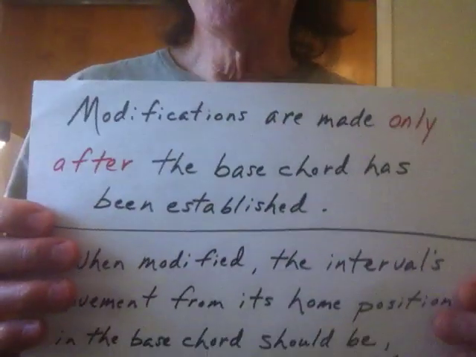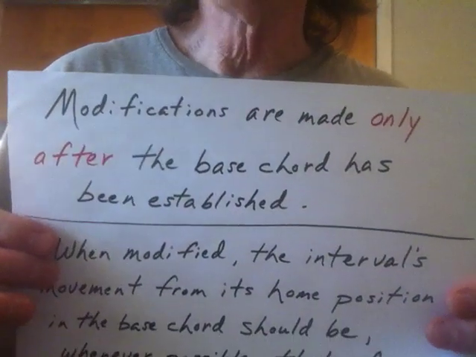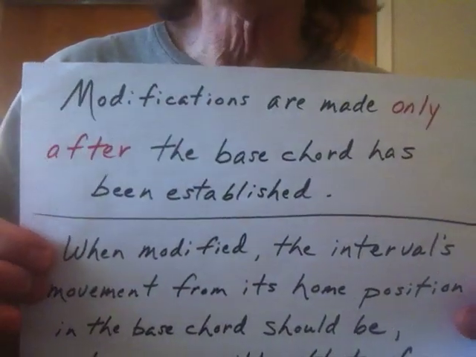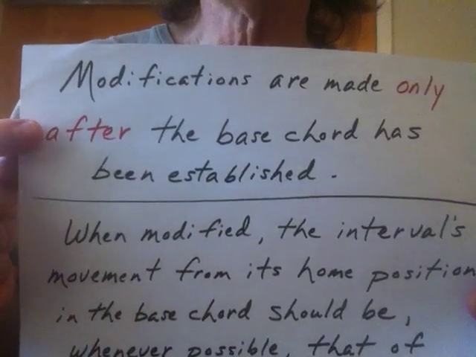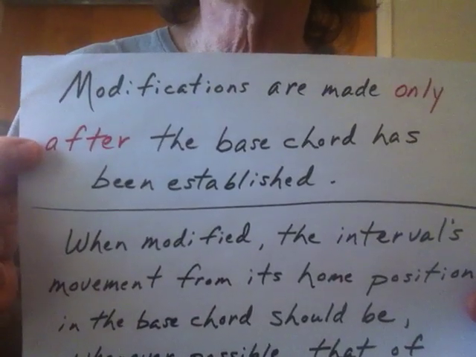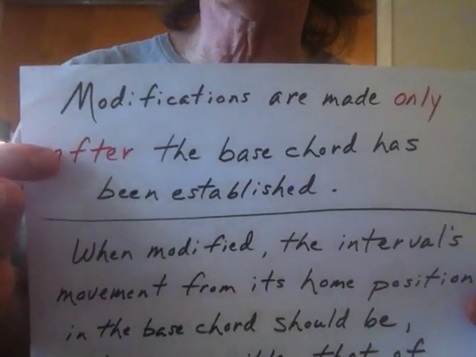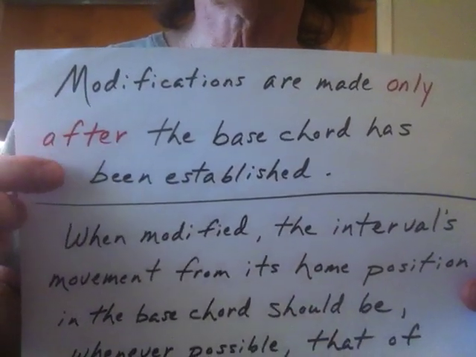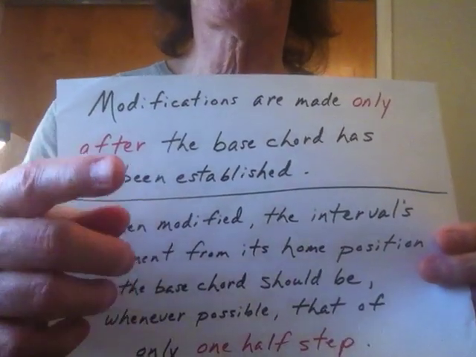Now some other rules, there aren't too many. Modifications. All right, when you modify a chord, modifications are made only after the bass chord has been established. Okay, I repeat, modifications are made only after the bass chord has been established. Now you probably figured that out already from watching my previous videos.